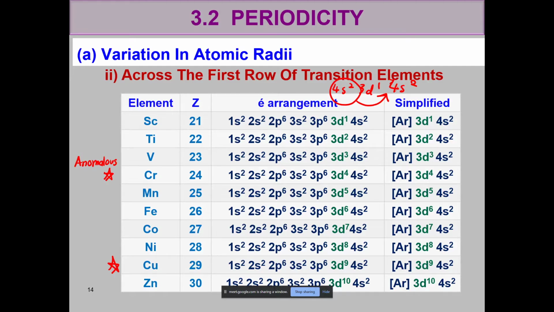Okay, untuk the anomalous cases, untuk chromium and copper, we actually susun it as 4s1 and 3d5, while copper is 3d10 and 4s1. It is the extra stability. Kenapa? It is the extra stability of half-filled and fully filled.